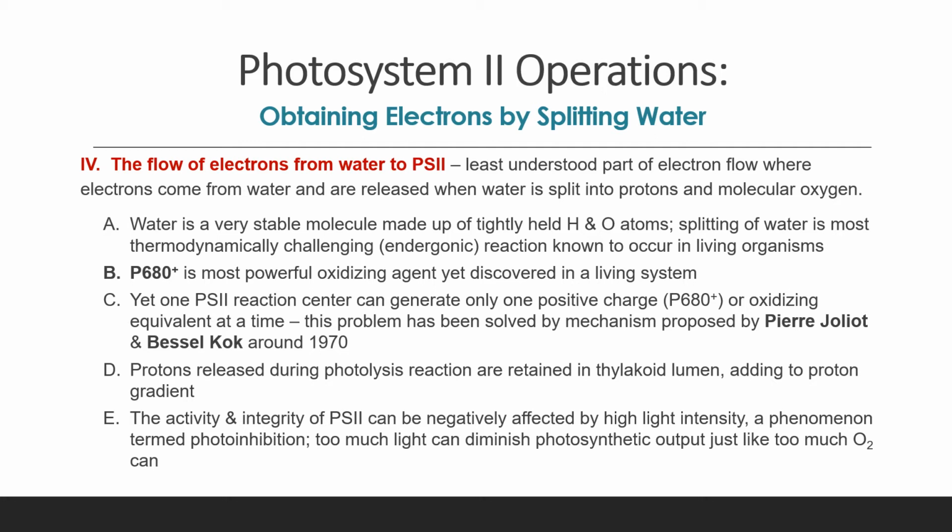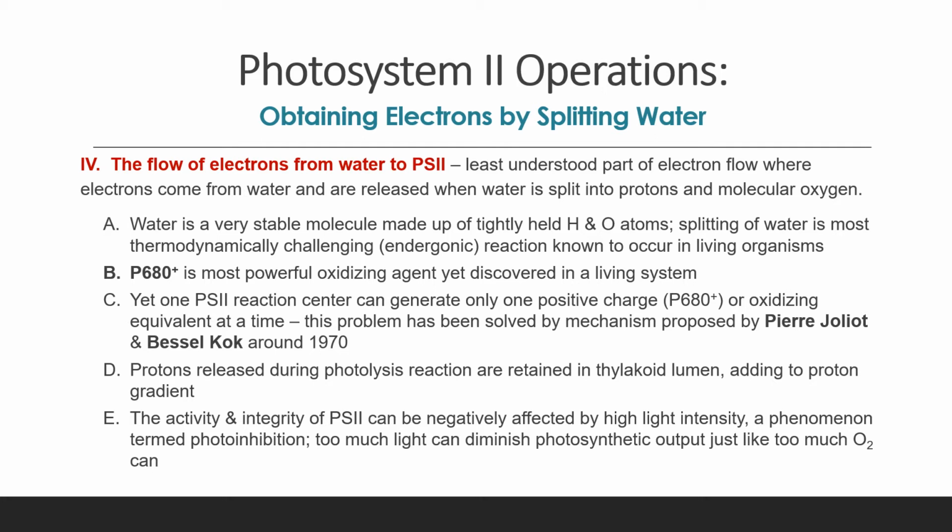Okay? Yet one photosystem 2 reaction center can generate only one positive charge, P680, or oxidizing equivalent, at a time. This problem has been solved by a mechanism proposed by Pierre Joliot and Bessel Kok around 1970. Okay?